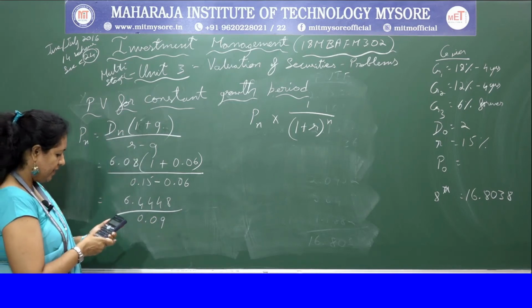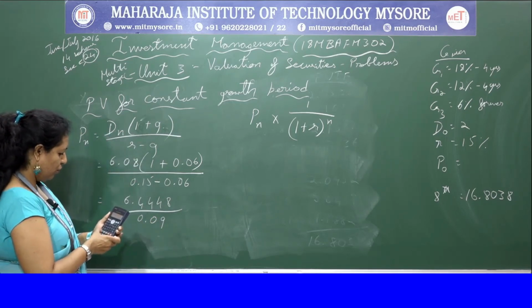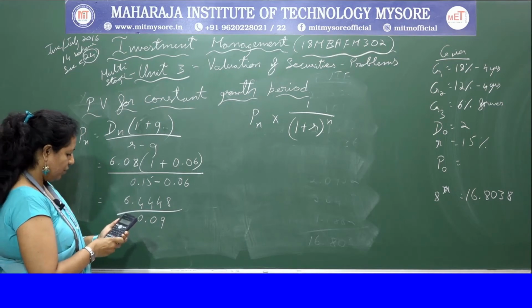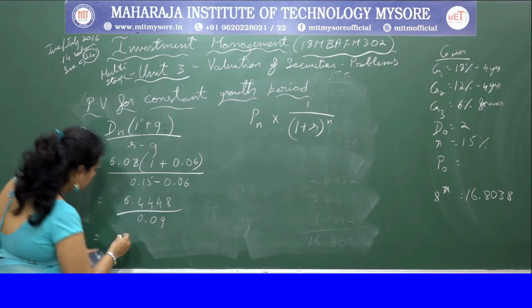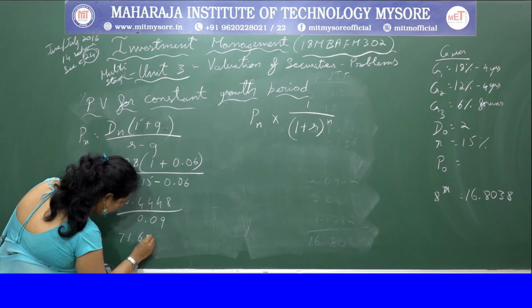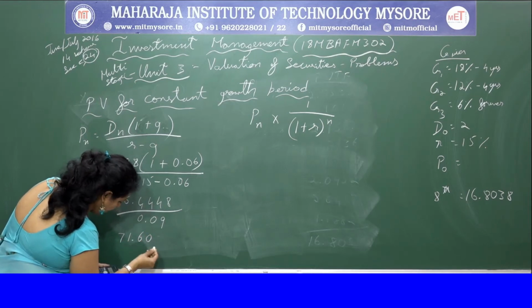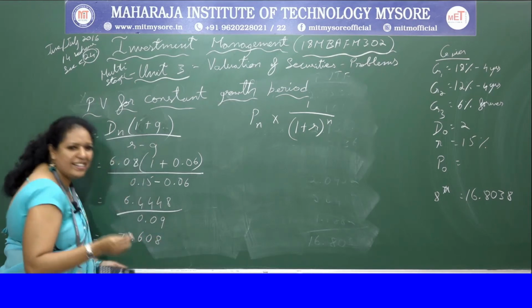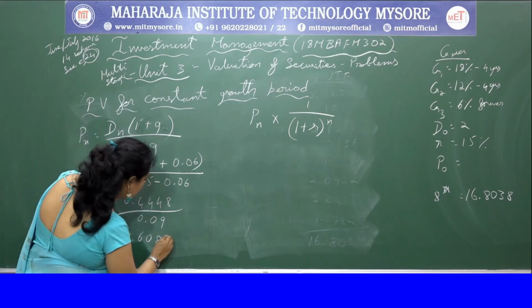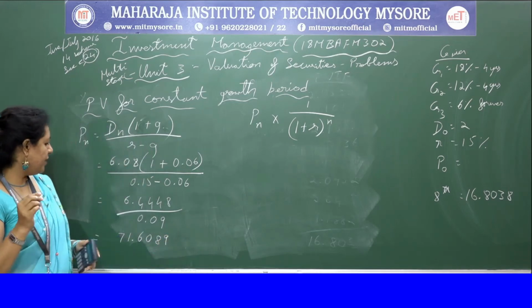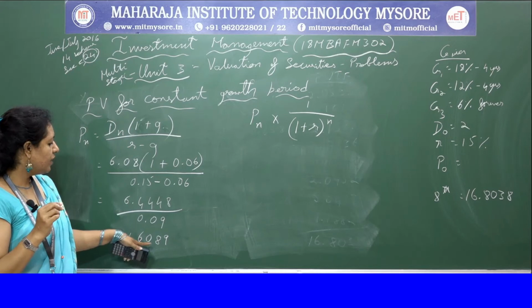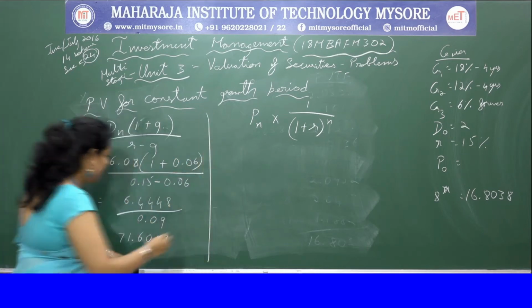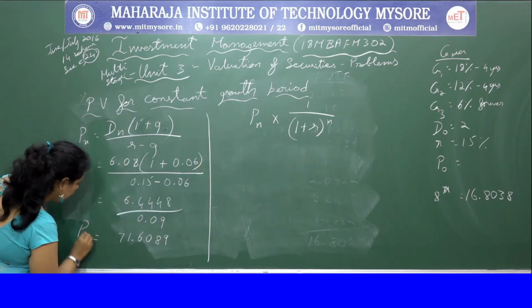Just divide this: 6.4448 divided by 0.09, you get 71.6088, with 8s recurring. So I'll write 71.6089. This is your Pn.